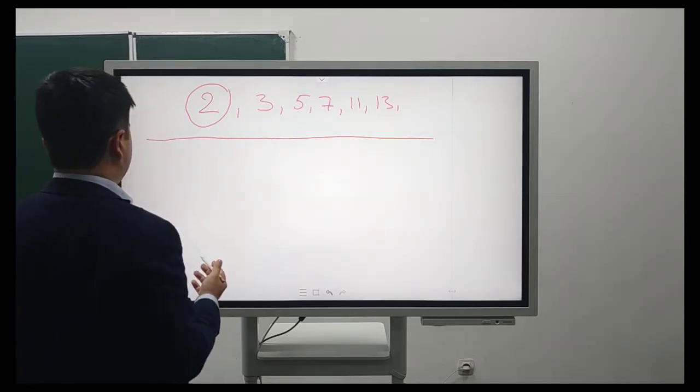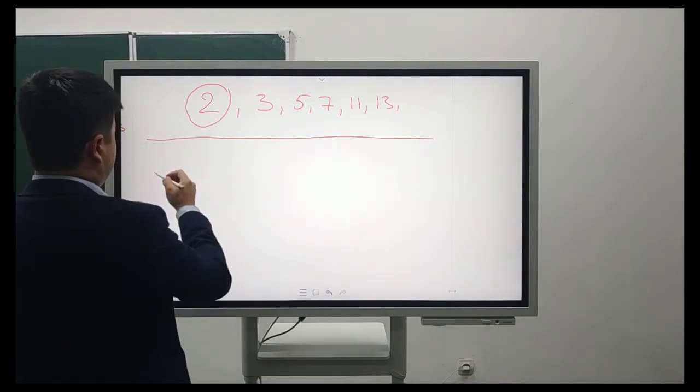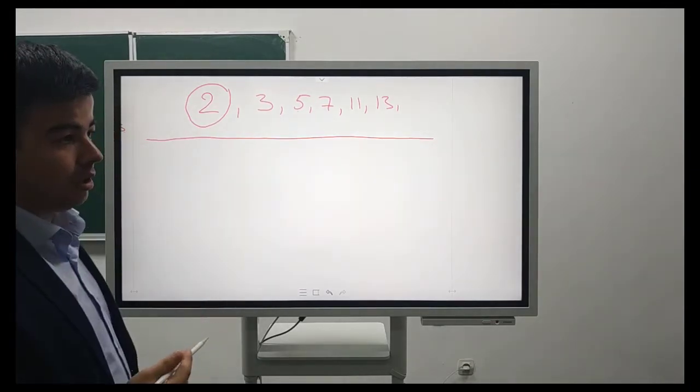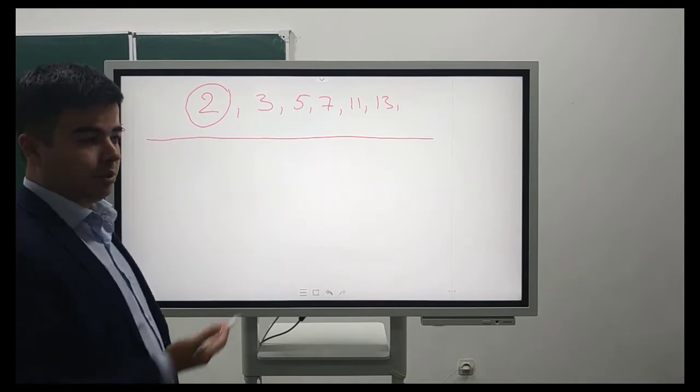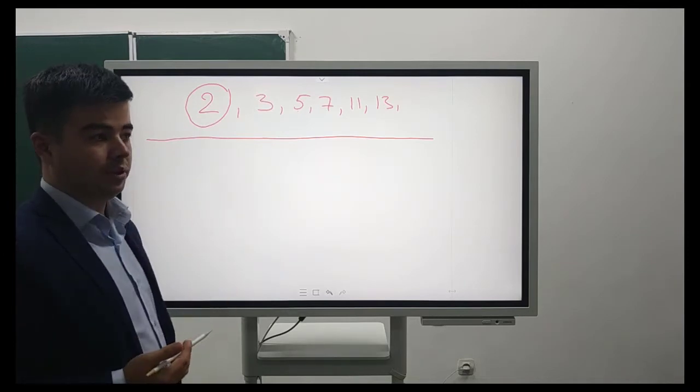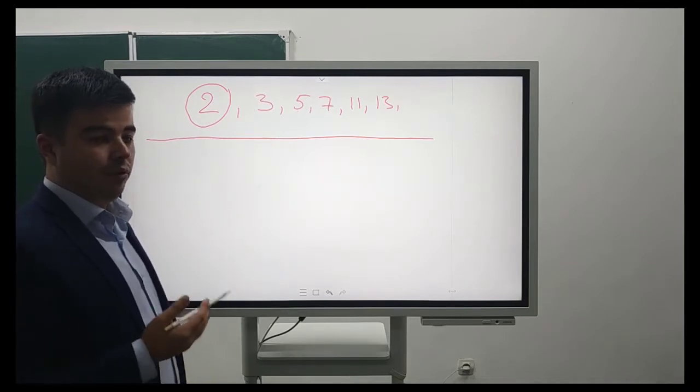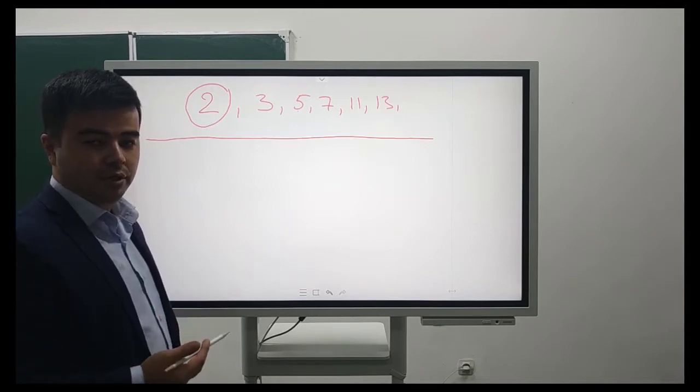For example, which numbers are divisible by 2? We said about it, these are even numbers. So, even numbers are divisible by 2.